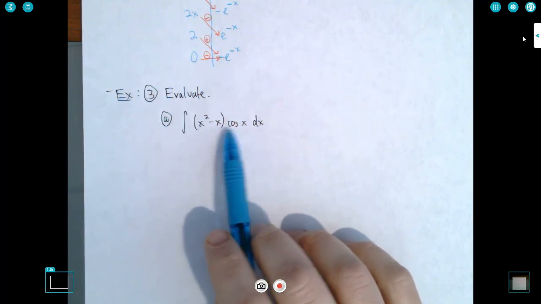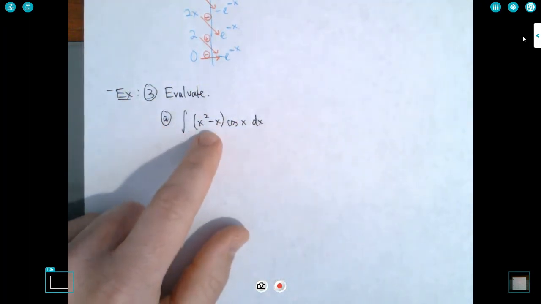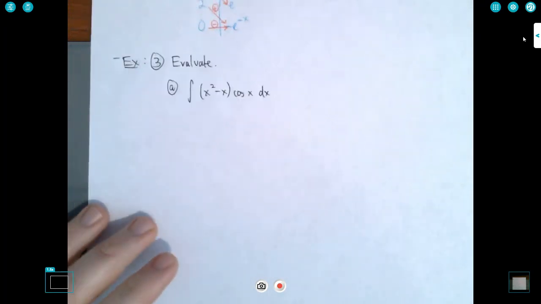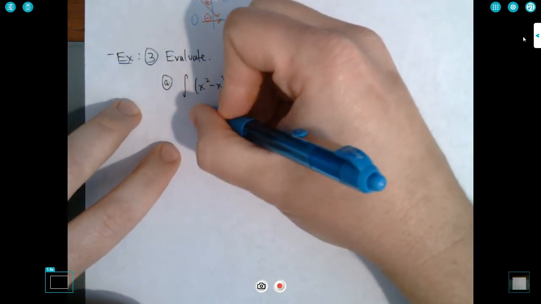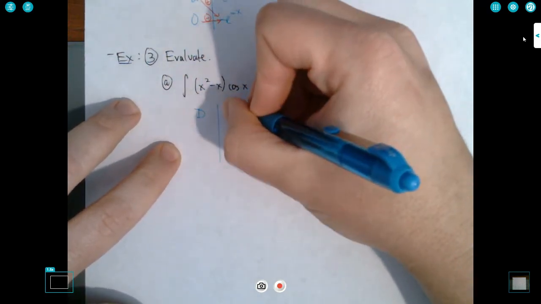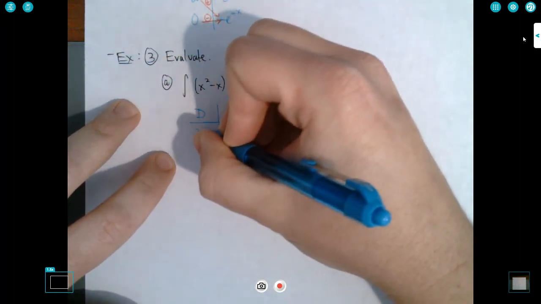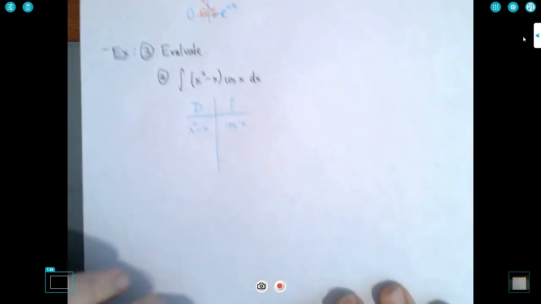Cosine x is trig. So I'm going to let u be x squared minus x. And x squared minus x is a function whose derivatives will go down to 0. So I know the easiest way to do this is to just do a bunch of these differentiations. So I'm going to make my little table. I'm going to put x squared minus x here, and I'm going to put cosine x there.